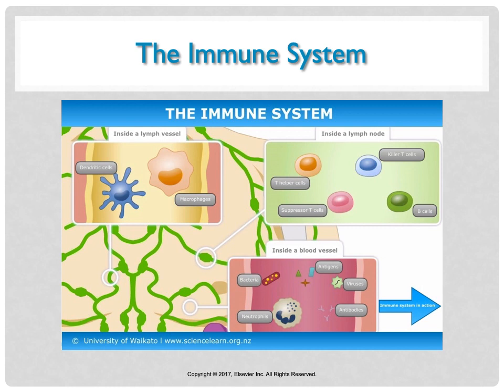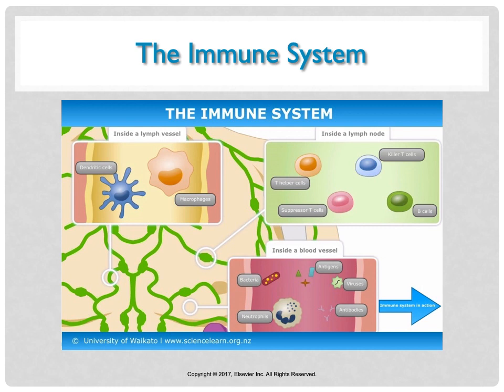The T helper cells are responsible for activating other immune cells, and each T helper cell can only recognize one antigen. So if you have an antigen that comes up for chickenpox, you have a certain T helper cell that's going to recognize the chickenpox antigen.